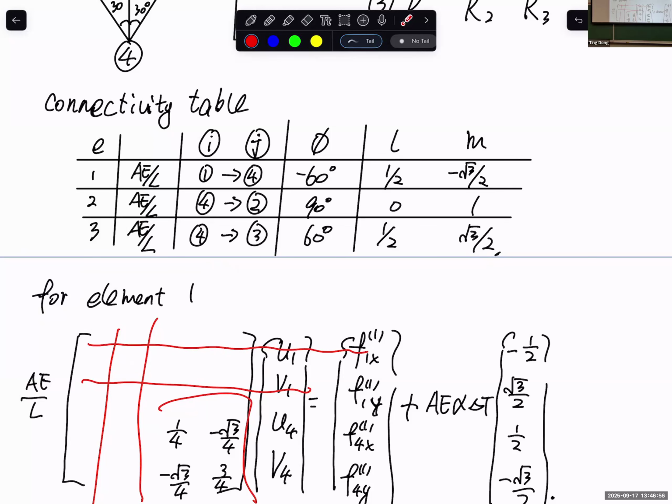For number 2, I wasn't sure if I set up the matrix correctly. I eliminated the boundary conditions and got the force direction, but I wasn't sure about the sign. The external applied force always follows the global XY coordinates: positive X is always positive, and positive Y is always positive.